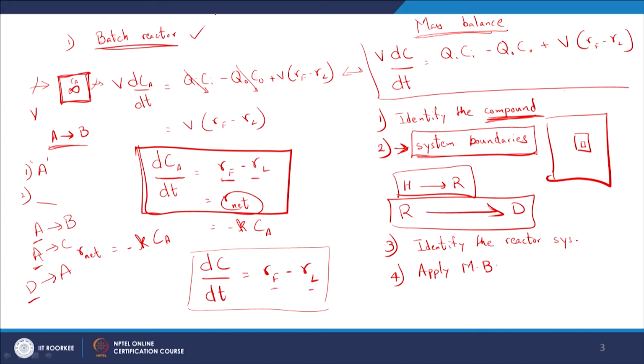Let's move on to the plug flow reactor, right? It's a flow system, so all the atoms or molecules that come through at the same point of time also exit at the same point of time. For example, A and B and C are here at a particular point in time 0.